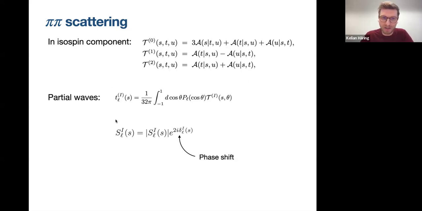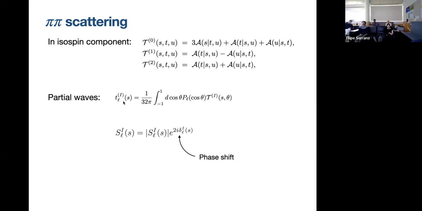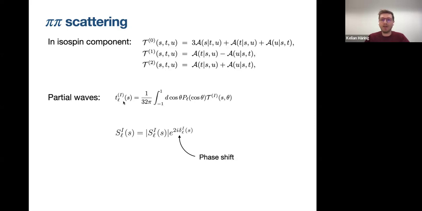And as before, now we can decompose into partial waves. And because both isospin and spin are conserved, unitarity is best explained in this basis. The partial wave is simply obtained by convoluting the amplitude with the Legendre polynomial.